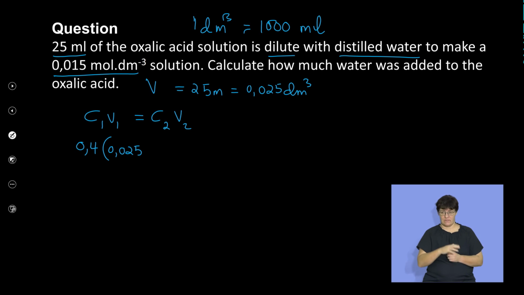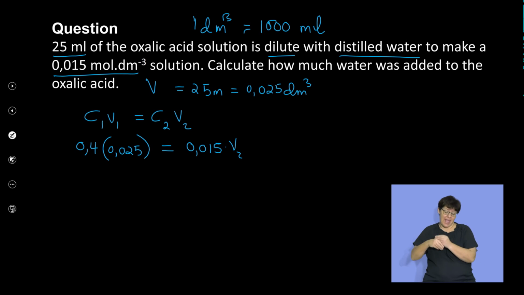We've already converted 25 mils to cubic decimeters. Now the new lower concentration after adding more distilled water becomes 0,015. Now we want to understand what's the new volume. This is going to give us an indication of how much water was added.